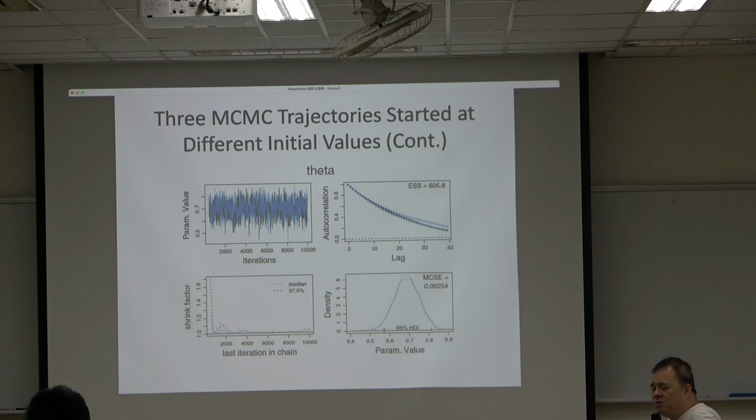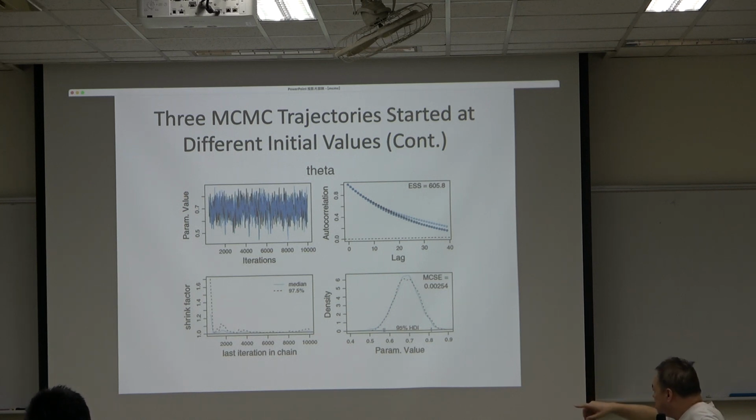If your chains are representative, most likely these different chains, even though they start from different locations, will mix very well. And if you still remember, in the Python version, we have the upper left figure and the lower right figure.